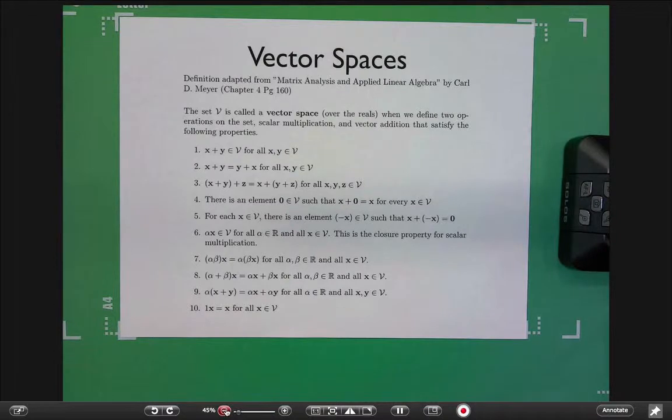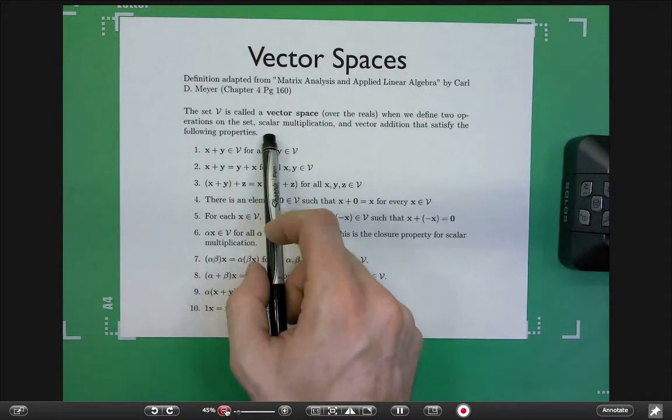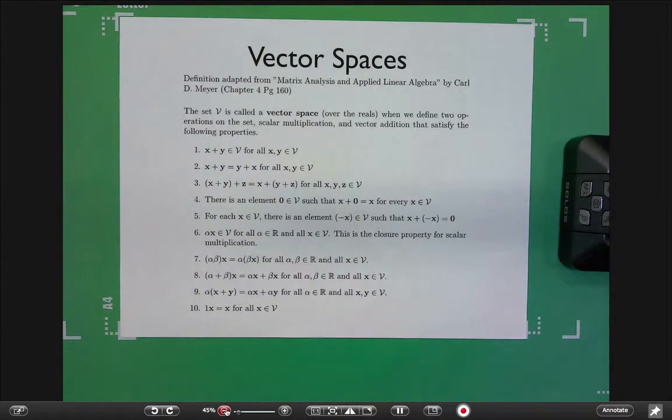So let's take a look at what is a vector space. So it all starts in mathematics. It all starts with a set, right? A set is just a collection of something, right? Like the set of real numbers, the set of integer numbers. You can have a set of pairs, and so on, right? A set by itself, there is not a lot you can do with it, right? So what we need to do to be able to do something more interesting, like add and multiply, is to give the set some operations.